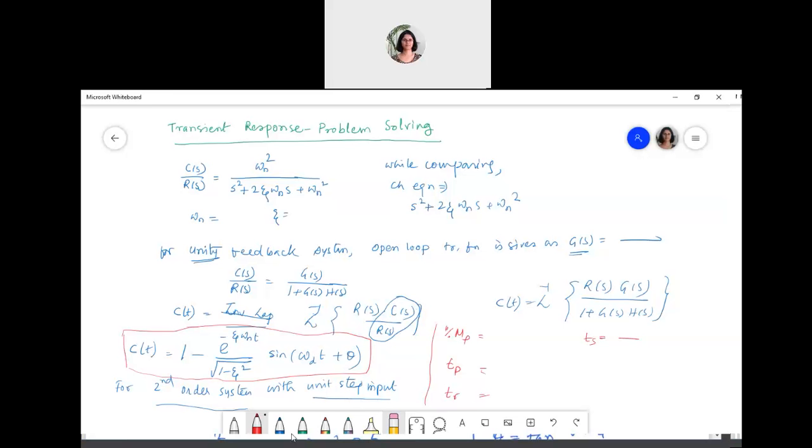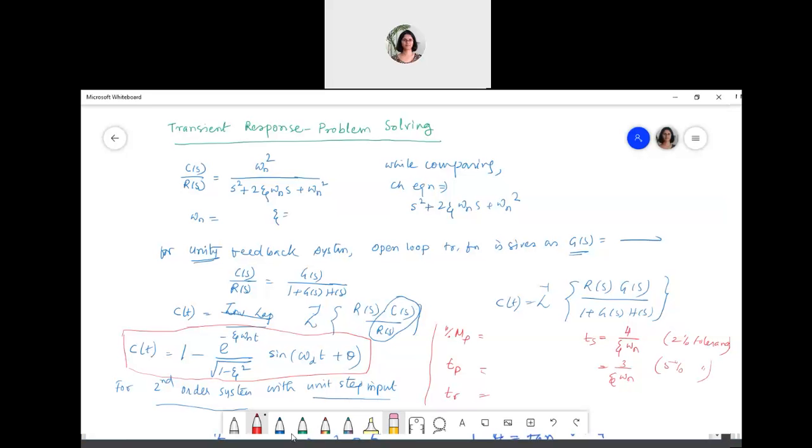I will write it as 4 by zeta omega n for 2% tolerance, and 3 by zeta omega n for 5% tolerance.